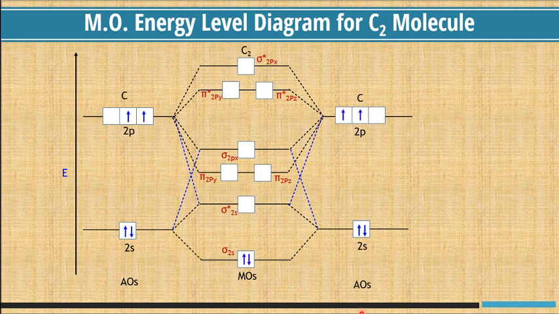The electrons occupy the sigma 2s bonding and sigma star 2s antibonding molecular orbitals. The electrons are also occupied in pi 2py and pi 2pz. So for the carbon molecule we have 6 electrons in the bonding molecular orbitals and 2 electrons in the antibonding molecular orbitals.